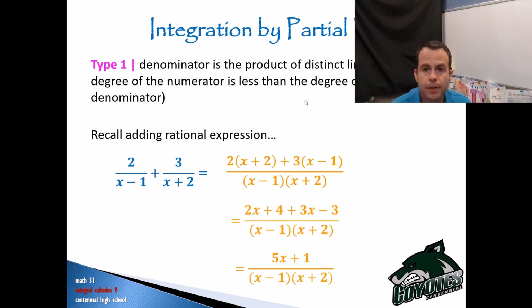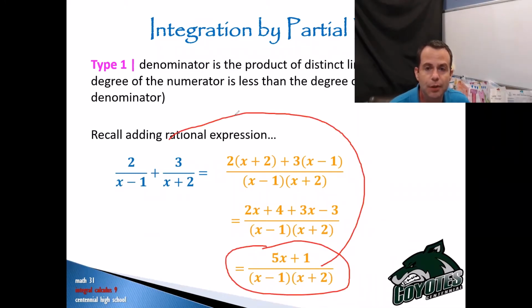Okay. So now what we want to try and do is figure out how I would start with something that looks like this and get it back to those fractions here, okay? Because if I had those two separate fractions, they're actually way easier to integrate, okay?